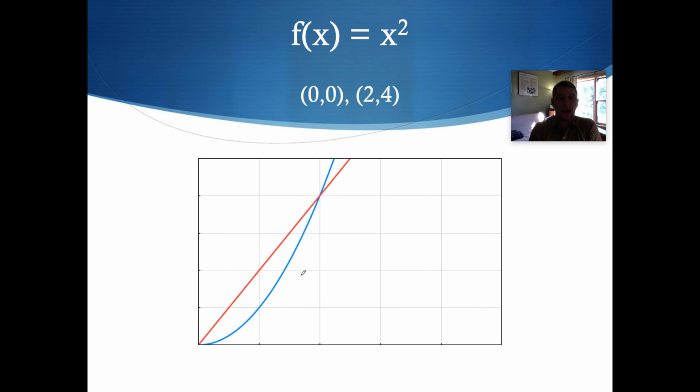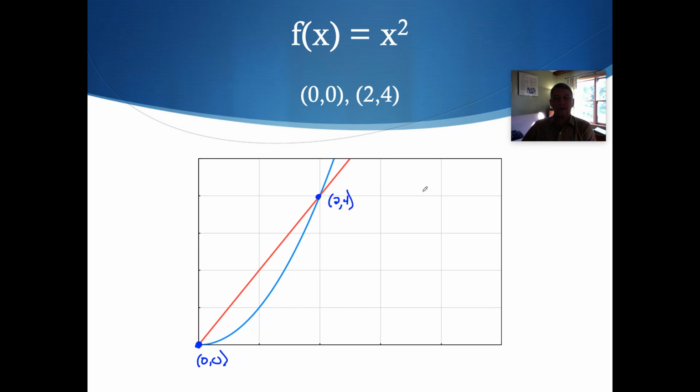And let's have a look at the graph of f of x equals x squared as an example. The blue curve represents f of x equals x squared. And so what I do here is I find 2 points, between 0, 0, which is down here, and the point 2, 4 here.